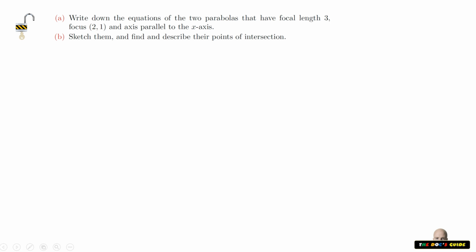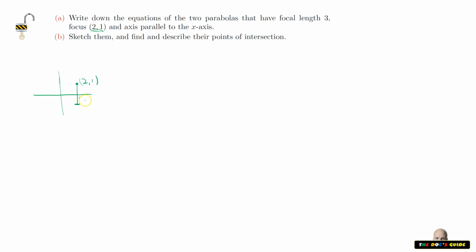So let's think about what this means in terms of our sketch of the parabola. So we're told that we have the focus at 2, 1 and a focal length of 3. So if we come out and mark the focus at 2, 1, so here's our focus. Now that focus could be inside the parabola, either concave up or concave down. So if the parabola was concave up, then it means that the vertex would be 3 units down this way.